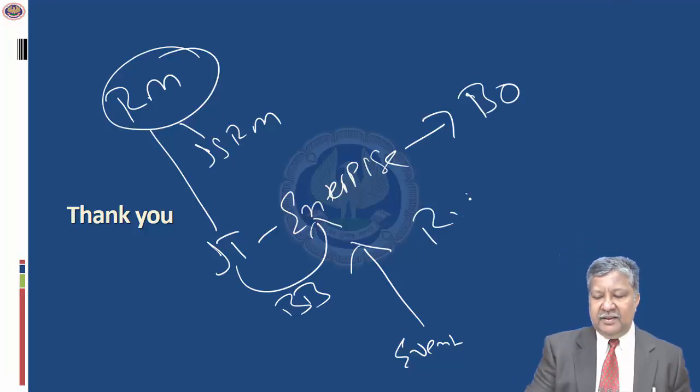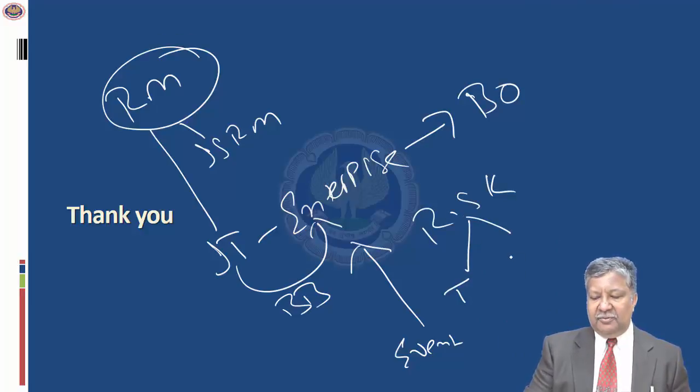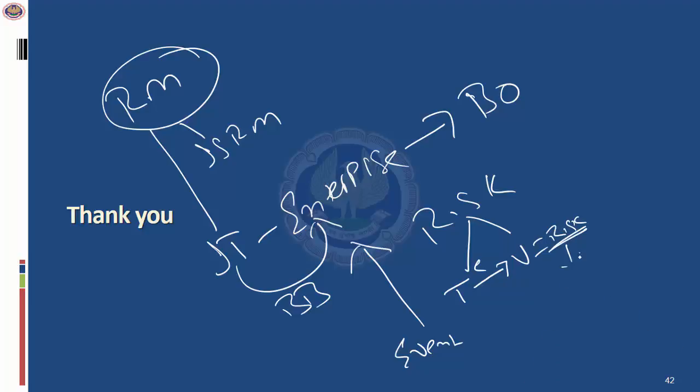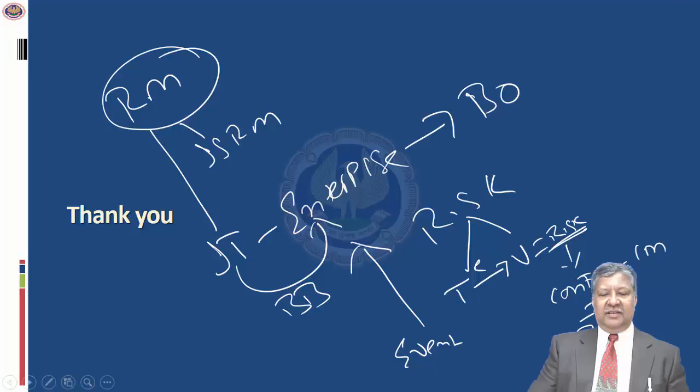And these are called risk. And this risk could arise from threats. This could arise from the vulnerabilities. When the threat exploits the vulnerability, it results in a risk. Now, this risk needs to be mitigated by implementing the right level of controls or countermeasures. The objective is to bring this to an acceptable level, and these are called residual risks.